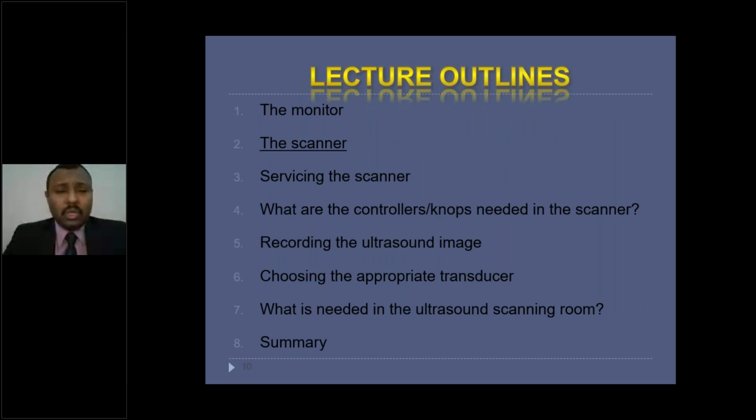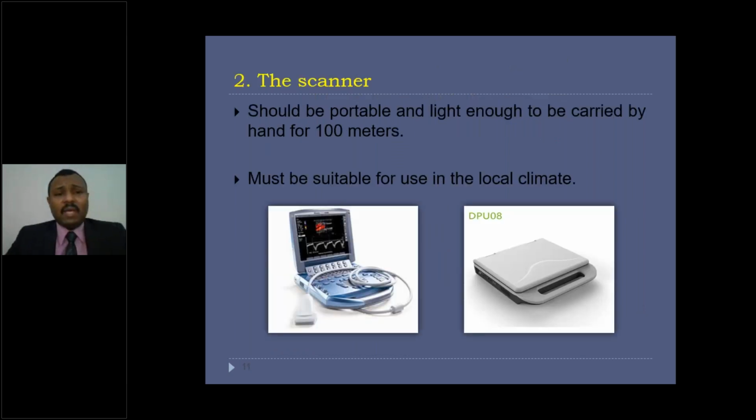and as I stated, point number 2 will be dedicated to a talk about the ultrasound scanner. And the ultrasound scanner actually should be portable and light enough to be carried by hand for 100 meters, and must be suitable for use in the local climate. All this information you should reassure is available at your ultrasound scanner. And here you can see this is a kind of modern new ultrasound scanner, which is portable.